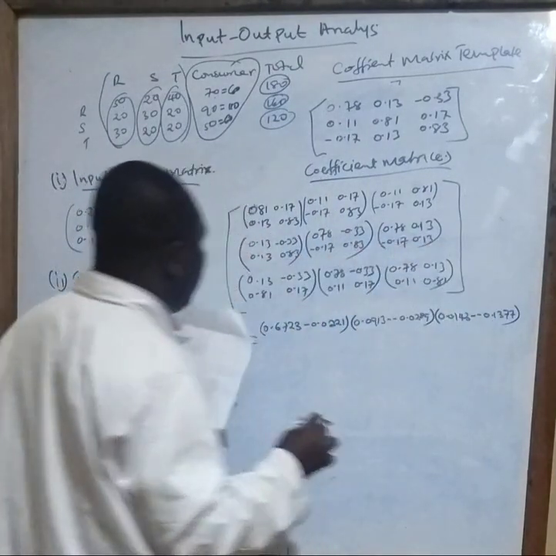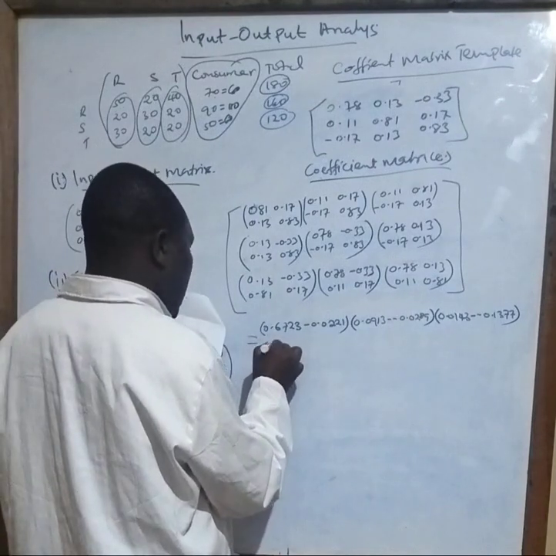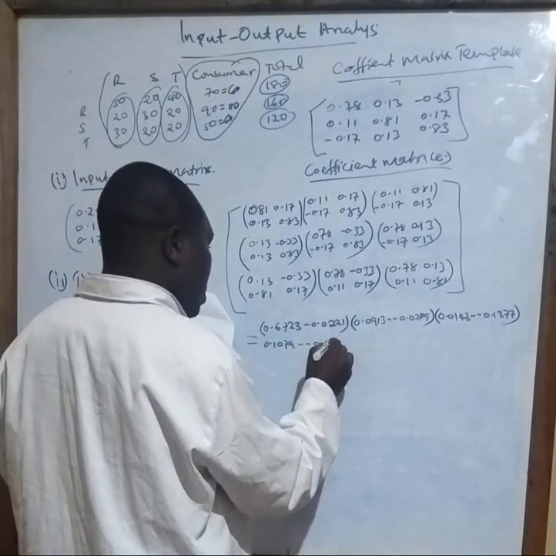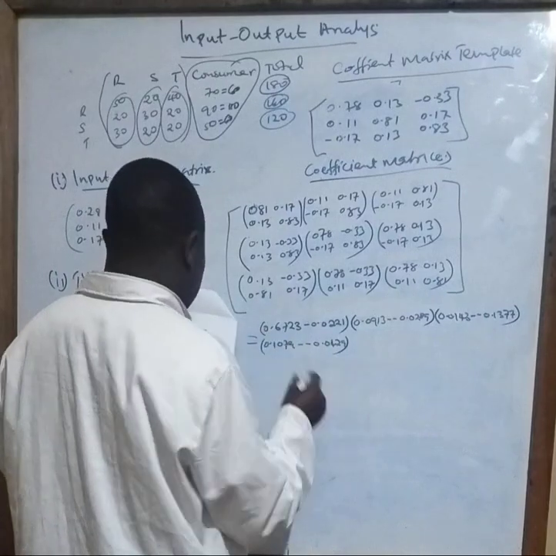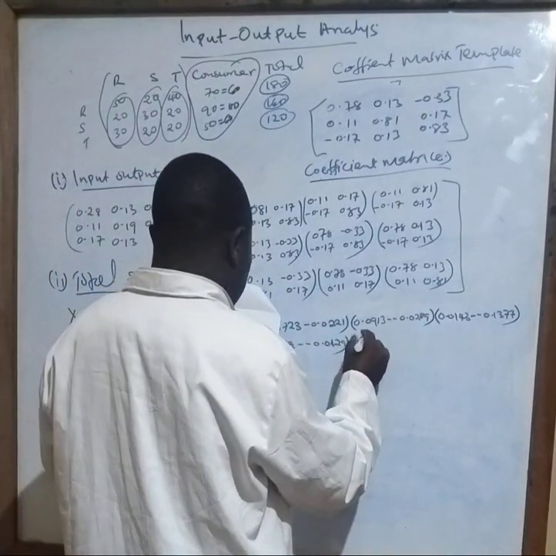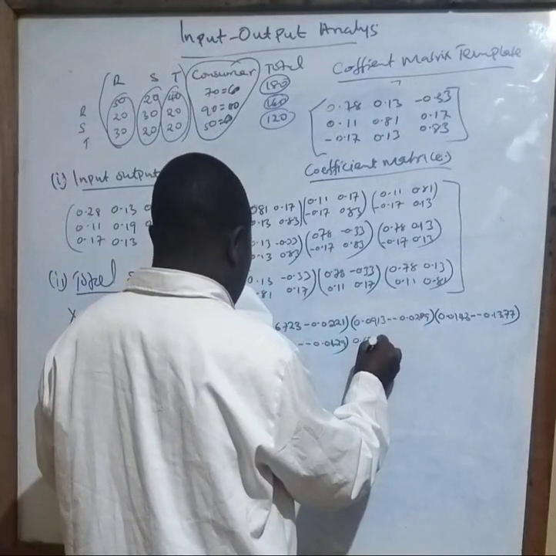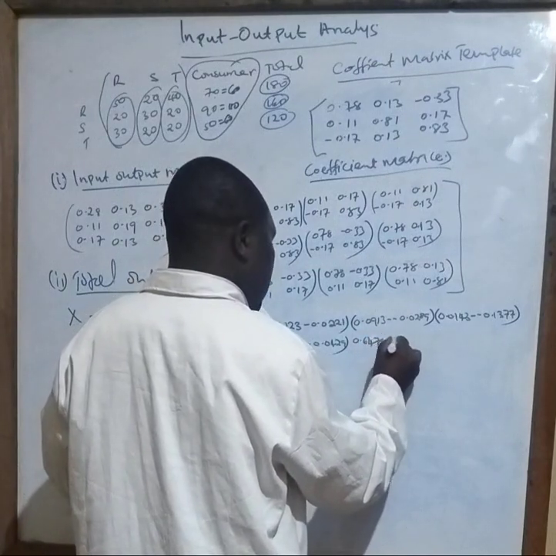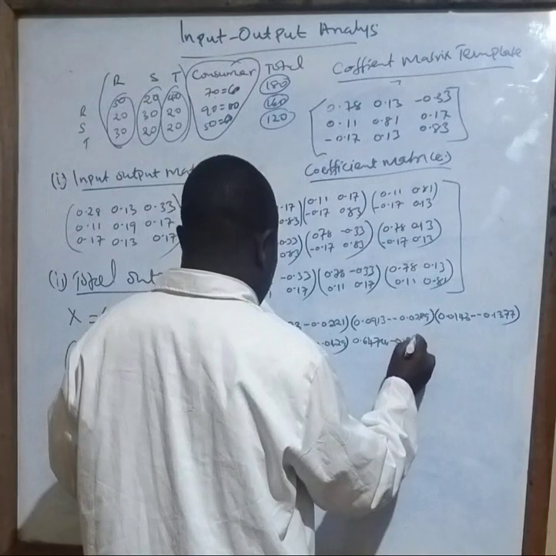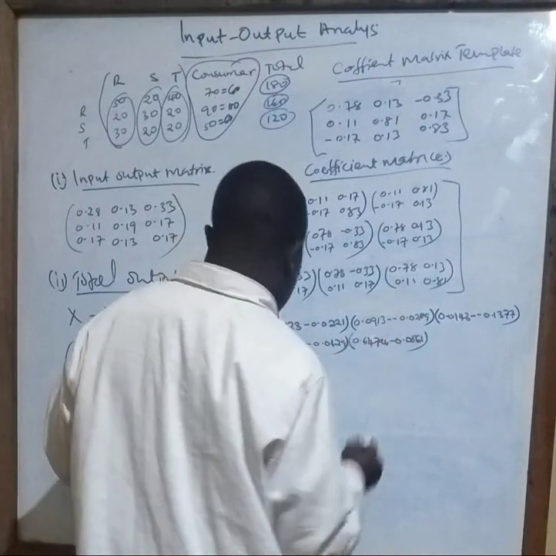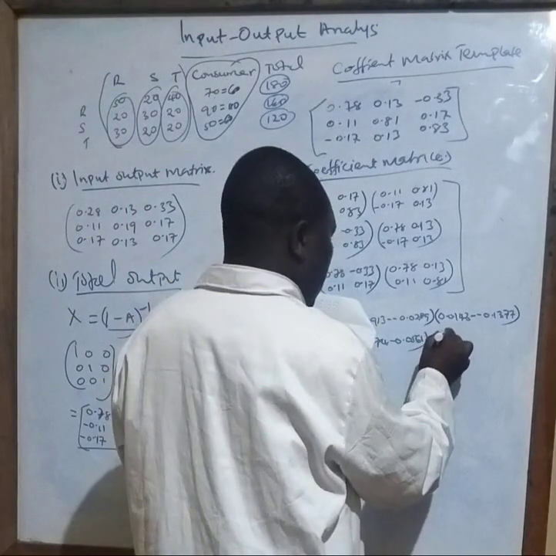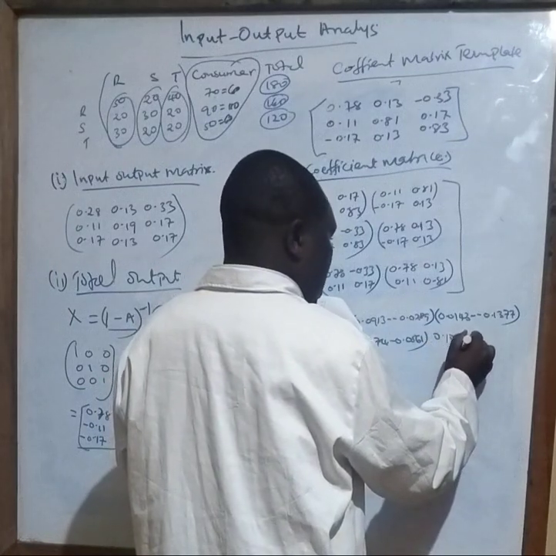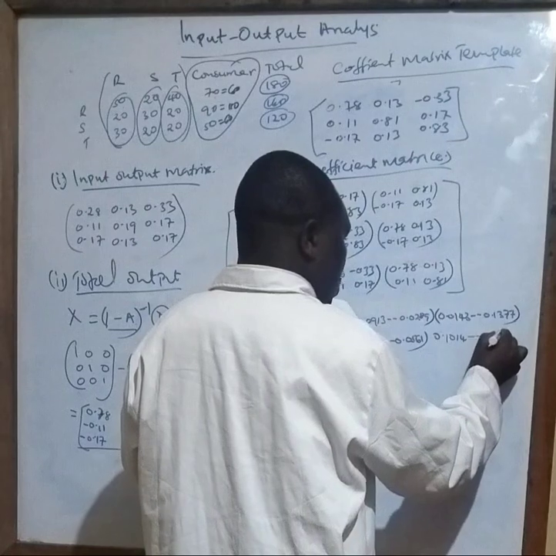Then the second part of it will give you 0.1079 minus 0.0429, then 0.6474 minus 0.0561. Then the last part is 0.1014 minus 0.0221.